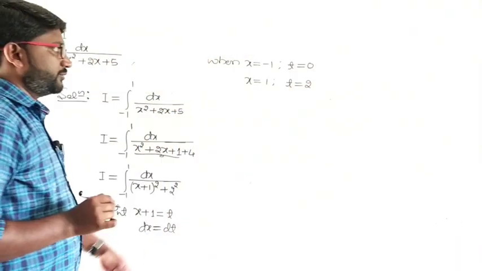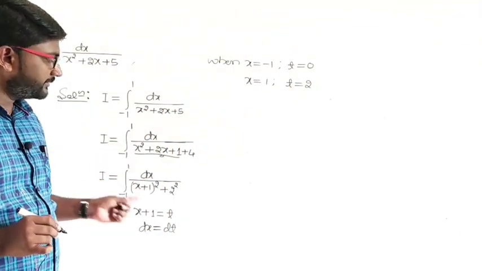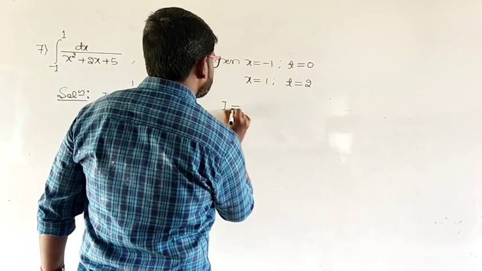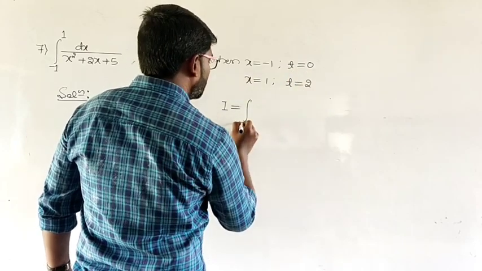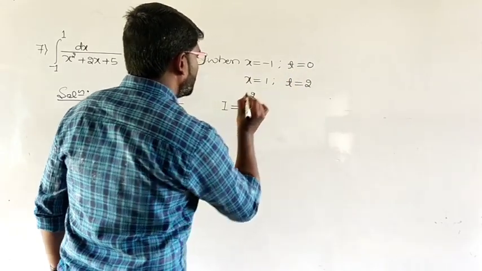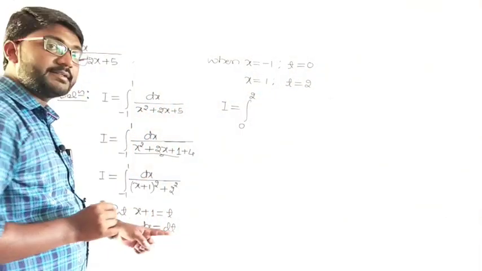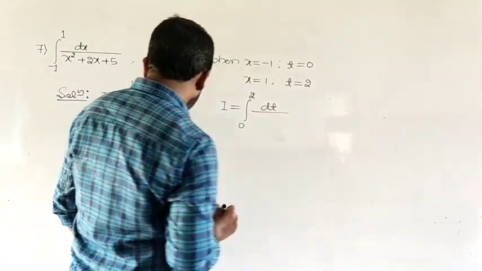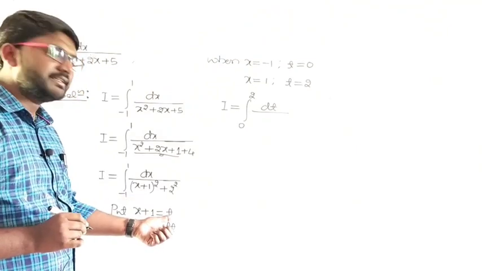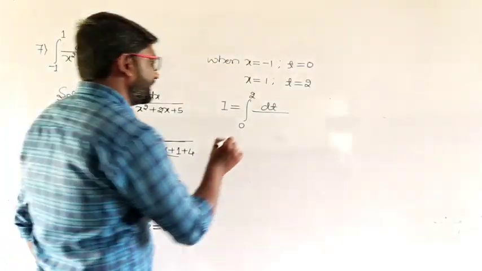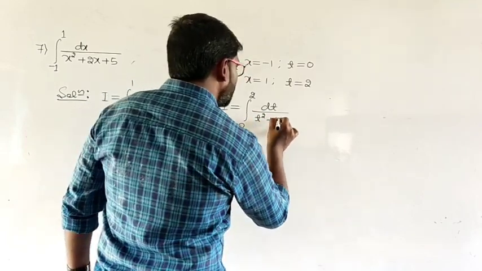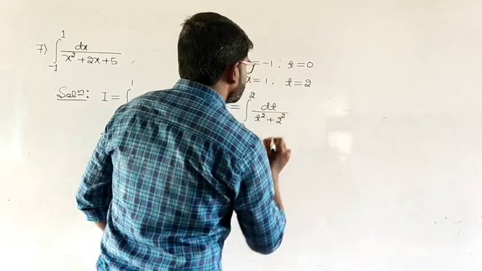So based on this we have to rewrite the integral. I, which is equal to, what are the new limits now? 0 to 2, then dx is replaced by dt, then divided by x plus 1, that is nothing but t, we get t square plus 2 square.